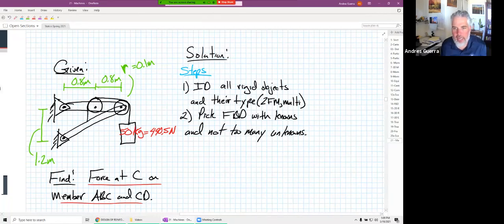If we are in 2D, we typically have 3 equations: sum of force in the X, sum of force in the Y, and sum of moments. And so that sets the number of unknowns that we can solve for. So in this problem over here, I just noticed that we didn't label the points here. This was point A. This right here is point B, point C, and point D on there. And so that'll help us to identify those objects.